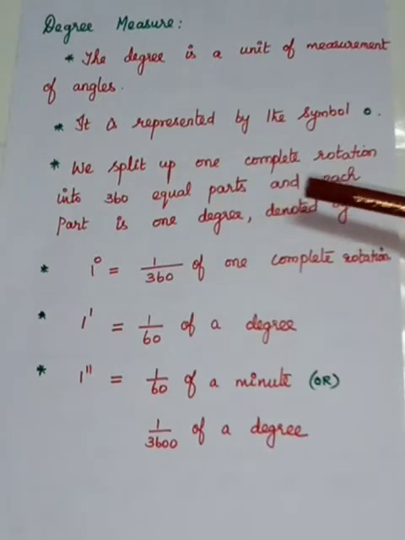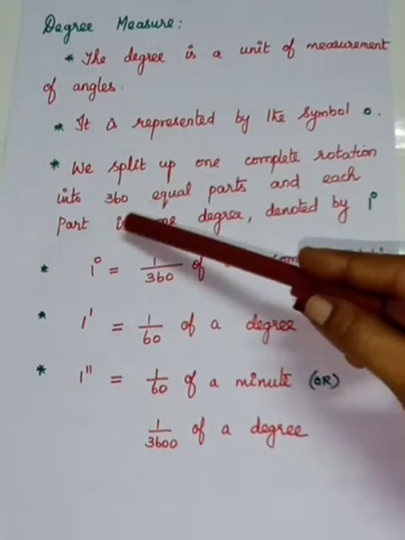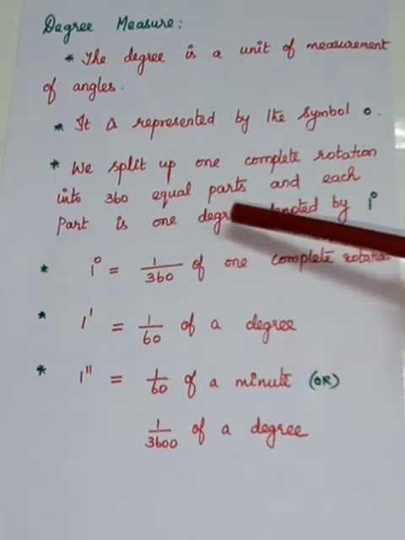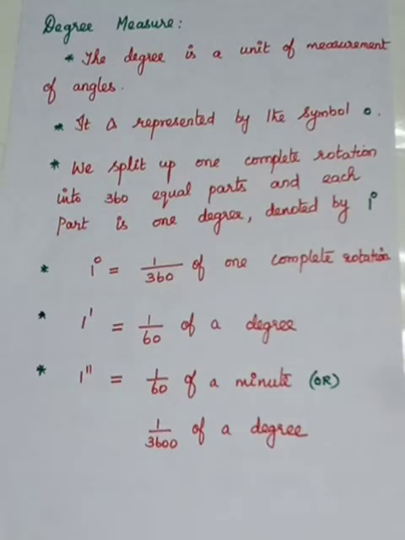One complete rotation we split up into 360 equal parts, and each part is 1 degree.